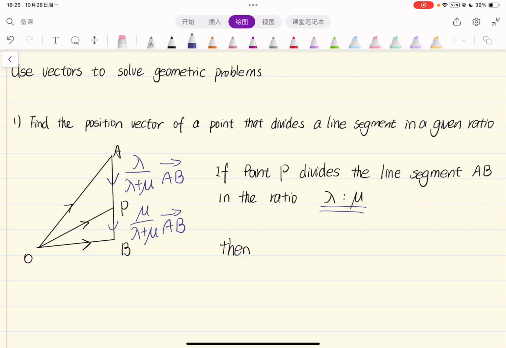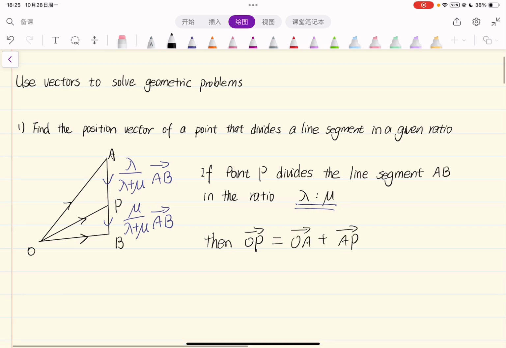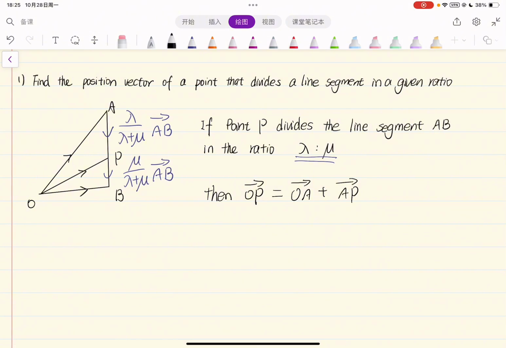After knowing that, you can find the position vector of the point P, which means you know how to find the vector OP. We can firstly see that it equals the vector OA plus the vector AP. We know the expression of the vector AP using the vector AB, so we have OA plus lambda over lambda plus mu times the vector AB.